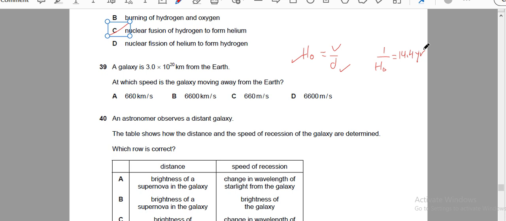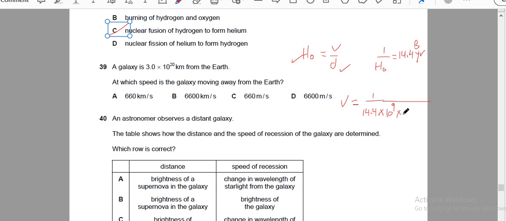So the velocity of the galaxy will be 1 over 14.4, but as the results here are given in second, we should convert this 14.4 billion years into second.